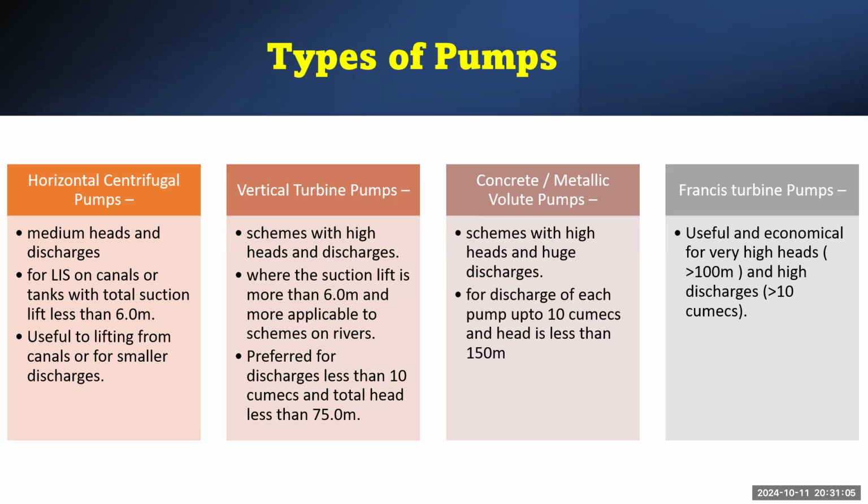And if the head is more than this, let us say up to 150 meters, then concrete or metallic volute pumps are used. Here the discharge is also up to 10 cumecs. And if it is a high head lift irrigation scheme, where head is greater than 100 meters and discharge is also greater than 10 cumecs, in that case Francis turbine pumps are used.